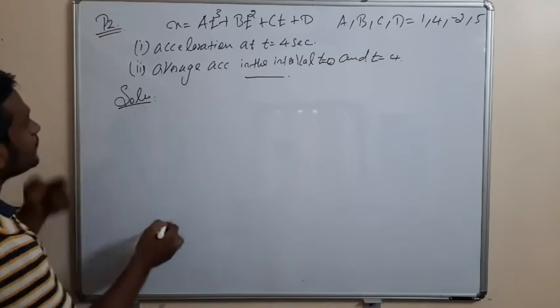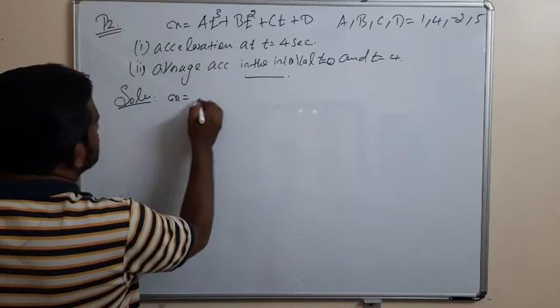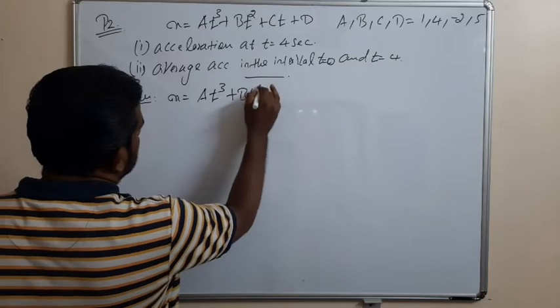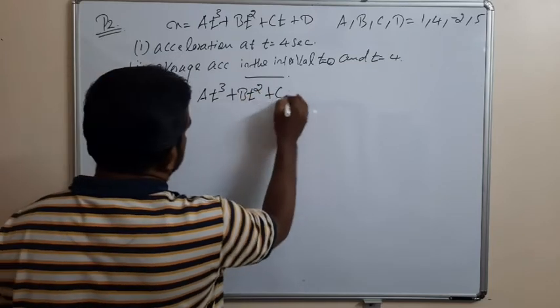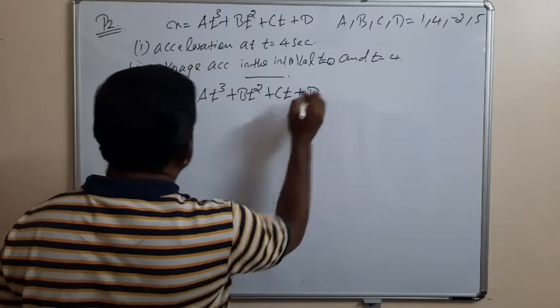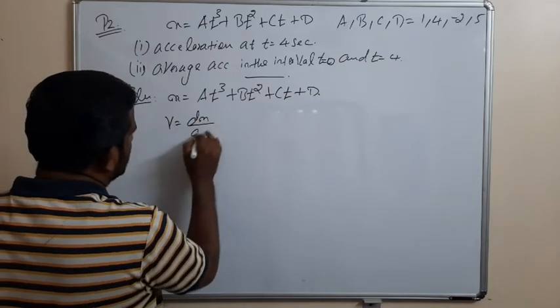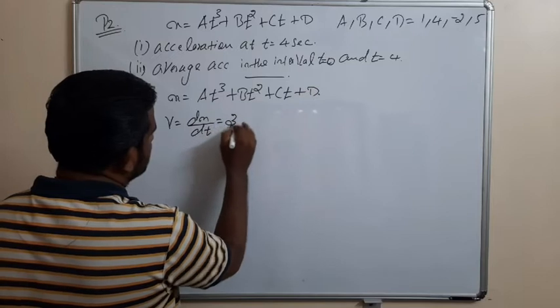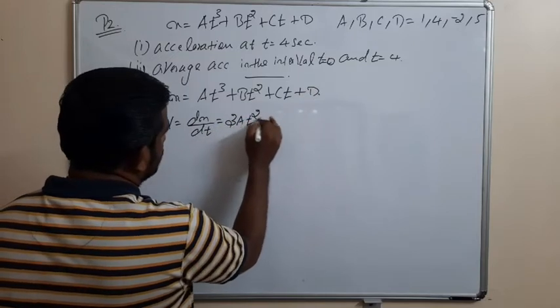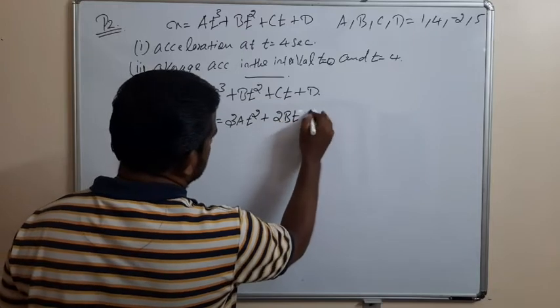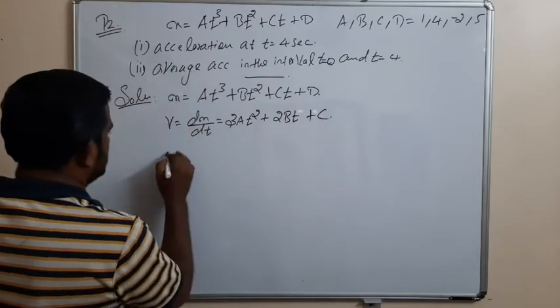Solution. x = at³ + bt² + ct + d. So v = dx/dt, that is 3at² + 2bt + c.